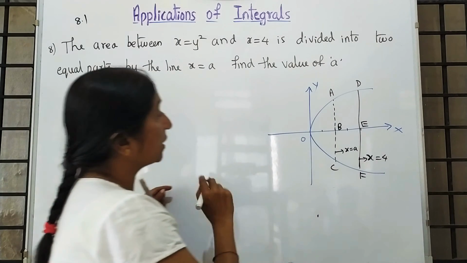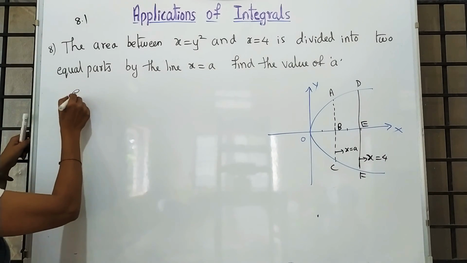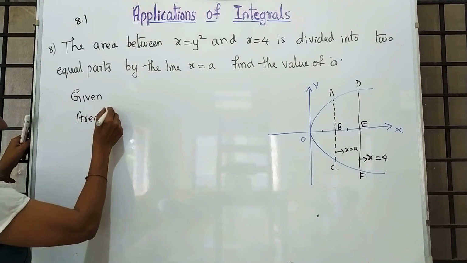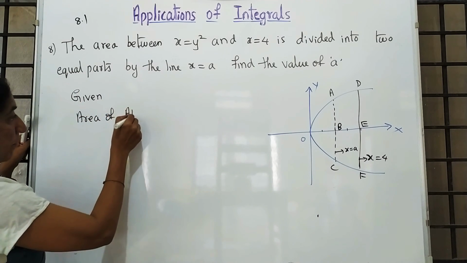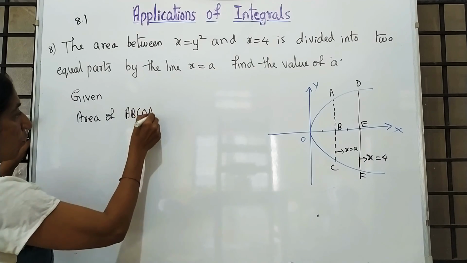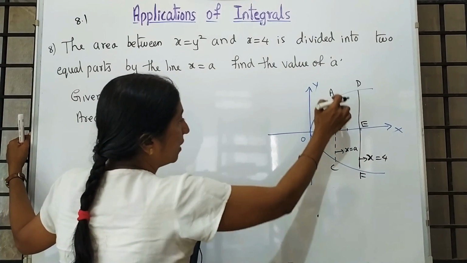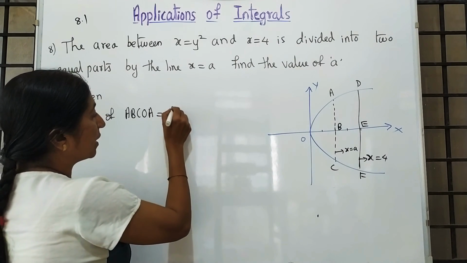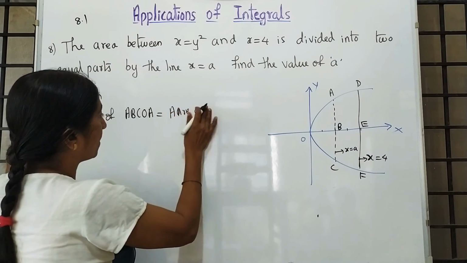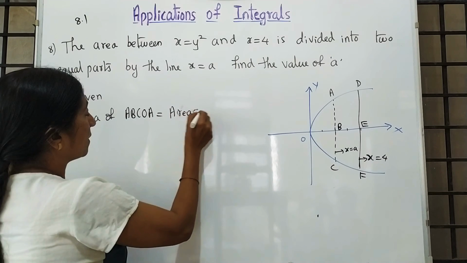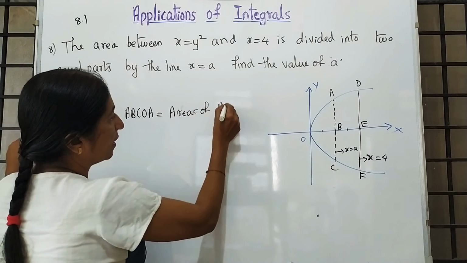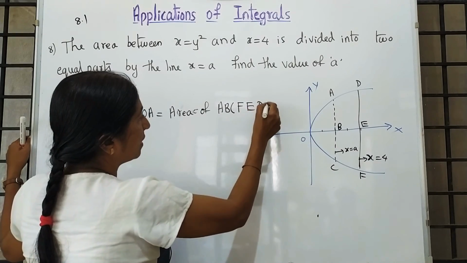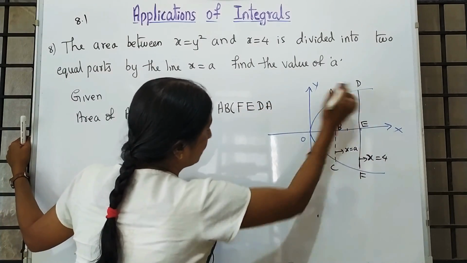That means what is given? Given: area of ABCOA is equal to area of ABCFEDA, this part.